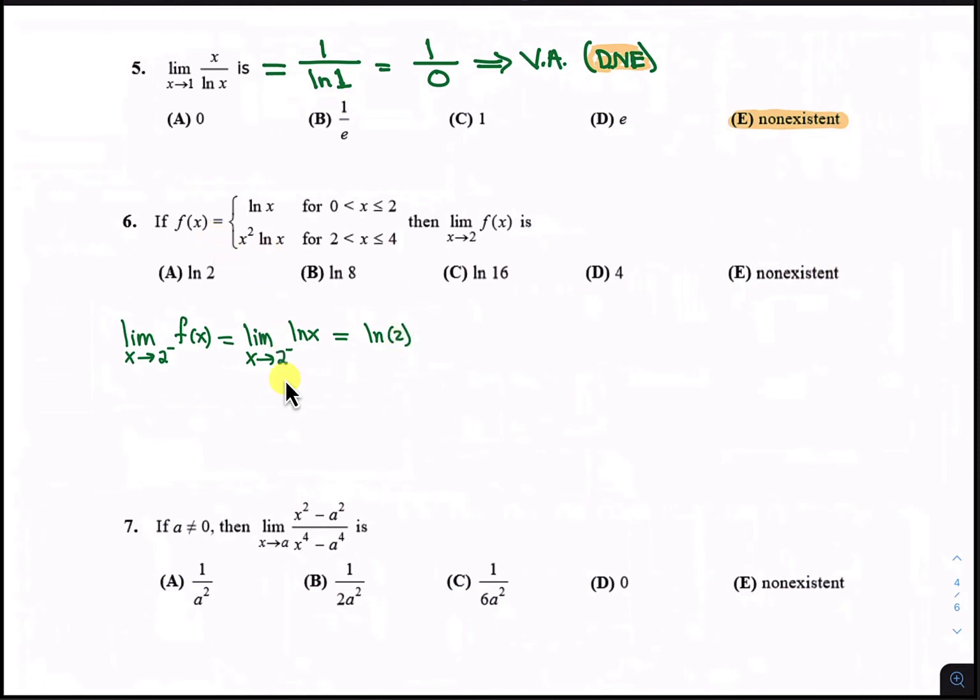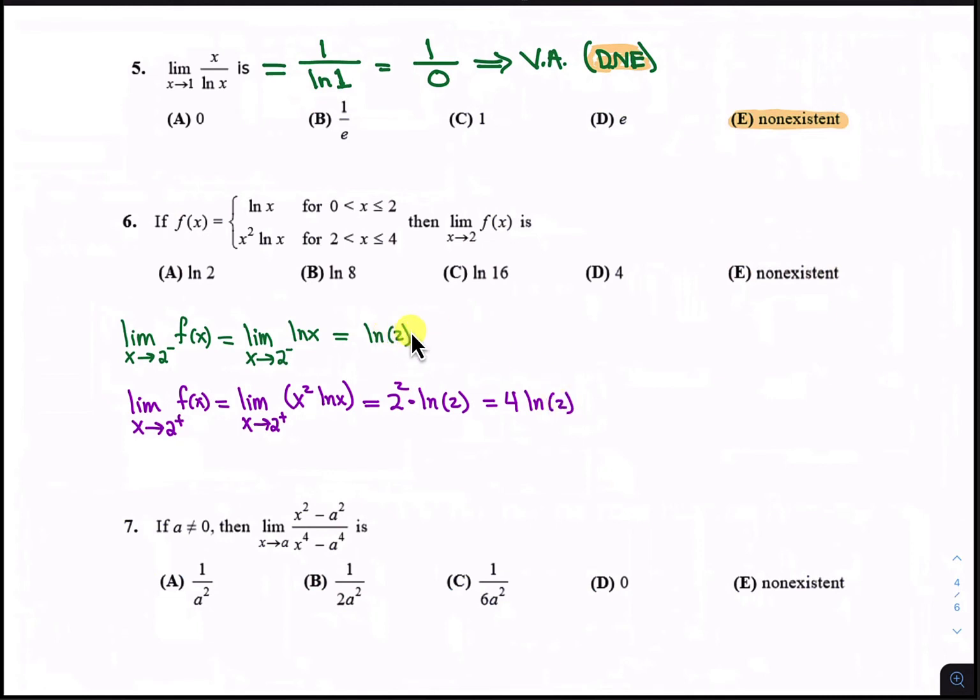Now let's look at the limit as x approaches 2 from the right. When you're approaching from the right, you're approaching the second function. So that's going to be the limit as x approaches 2 from the right of x squared times natural log x. Again, that's the second function. Using direct substitution, we end up with 2 squared times the natural log of 2, which of course is 4 times the natural log of 2.